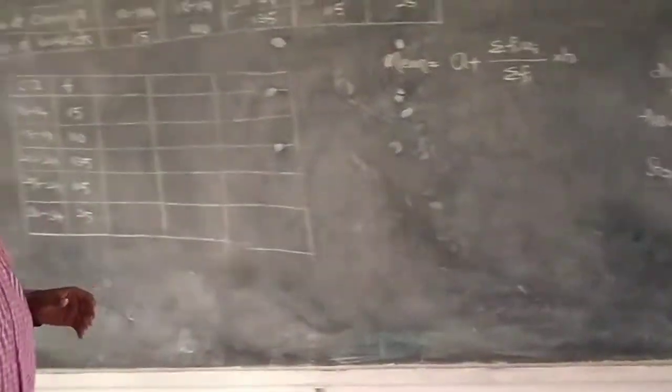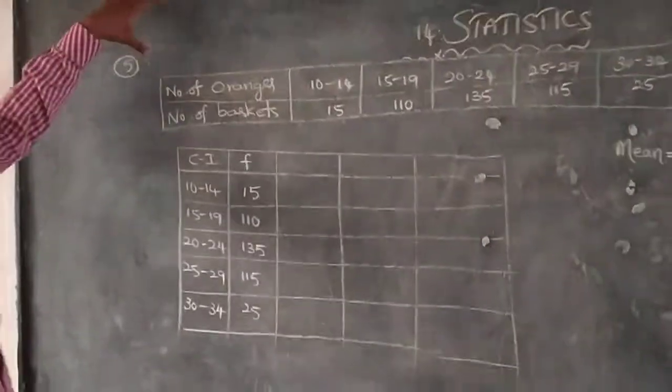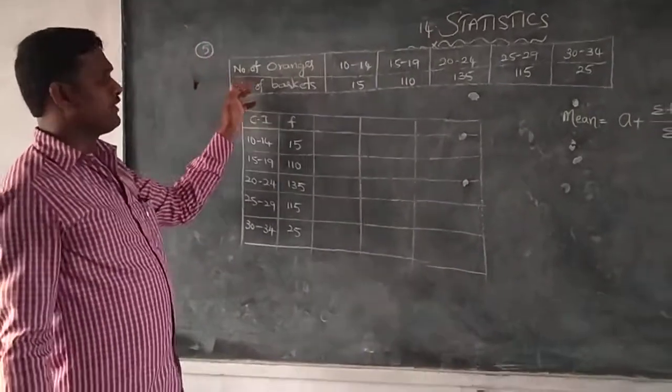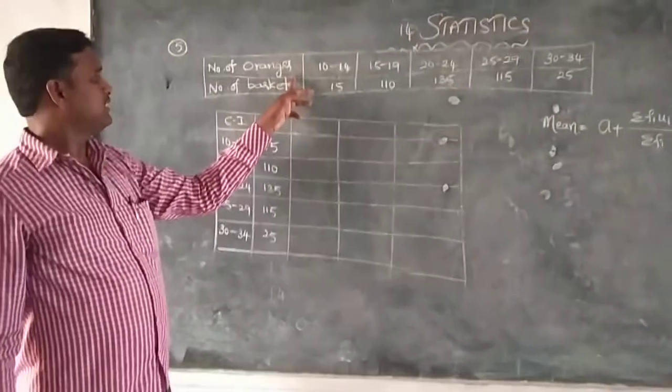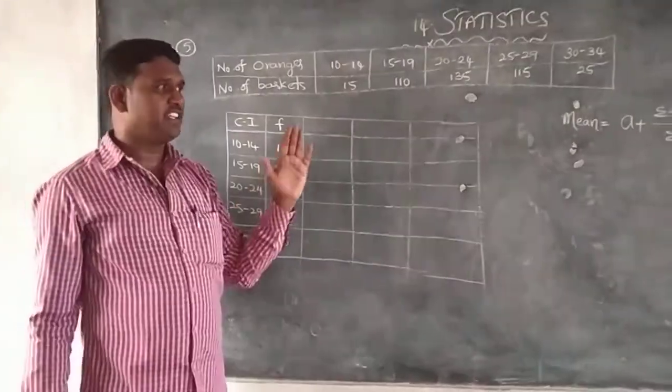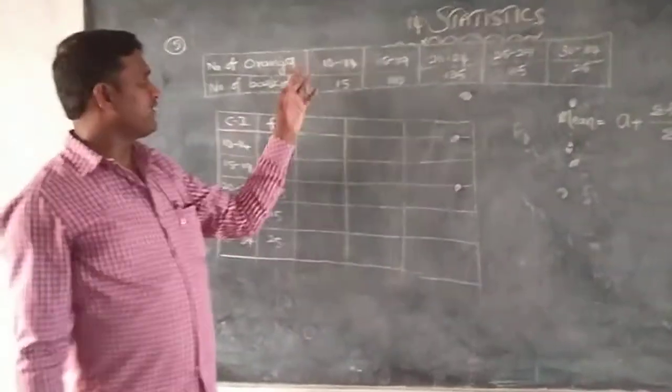Now, let us see this problem in exercise number 1, the fifth problem, about the number of orange boxes. These oranges are kept in baskets, and in different boxes there are different numbers of oranges.